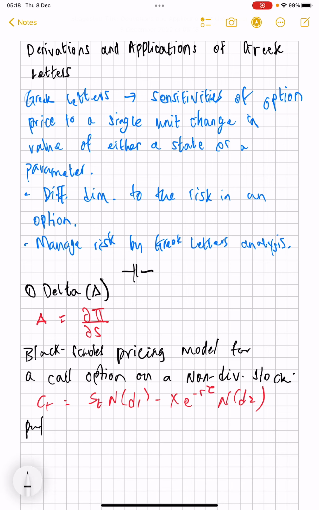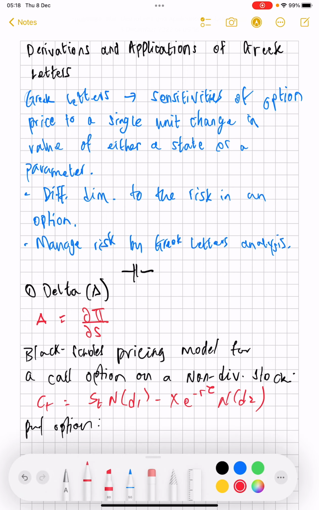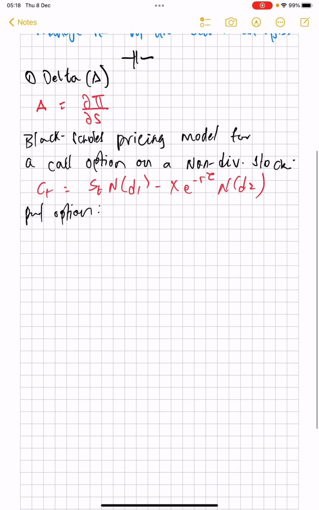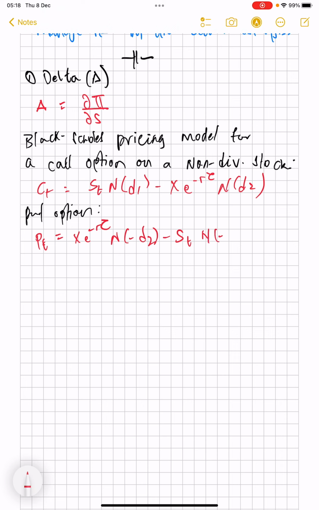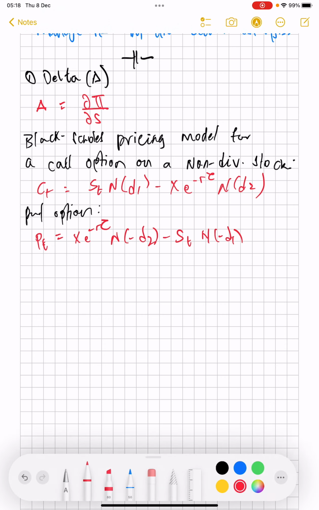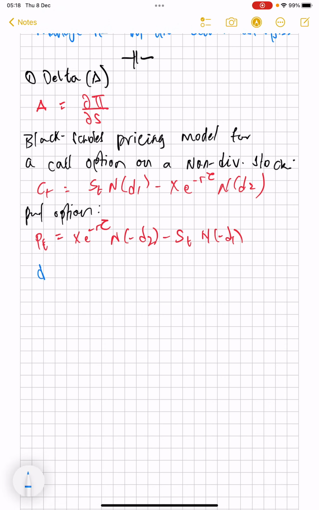And for a put option, it is written here. So I'm going to define d1 and d2 for you.